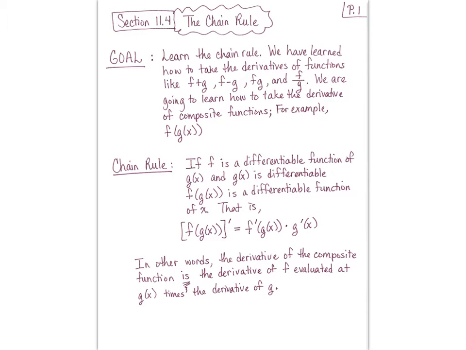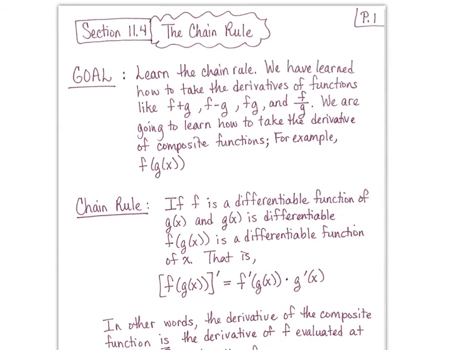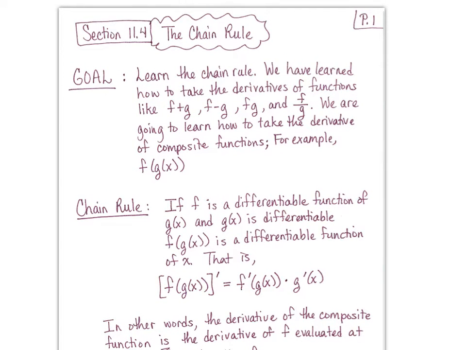All right, so in this section, we're going to learn about the chain rule. So we're going to learn another rule that will allow us to take the derivative of a different kind of function, meaning a composition of functions. So far, we've learned how to take the derivatives of functions that are sums of differentiable functions, f plus g, f minus g, a difference of functions, a product, f times g, and the quotient, f over g.